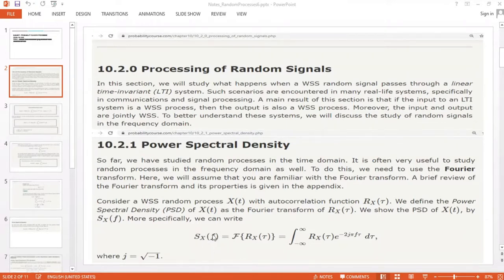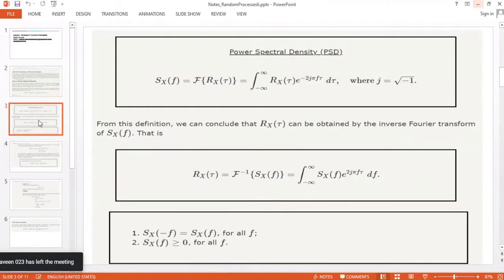If someone gives you this power spectral density, and you take the inverse Fourier transform of it, then you will get the autocorrelation function Rx(tau) also. So the power spectral density is defined as S_X(f), the Fourier transform of the autocorrelation function of a wide sense stationary random process X(t).